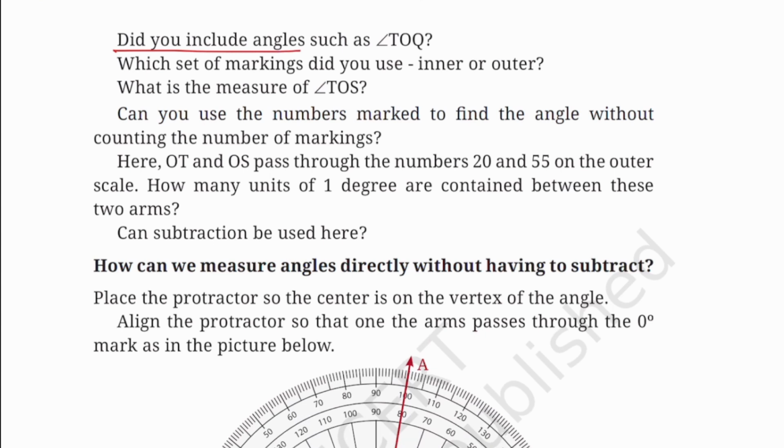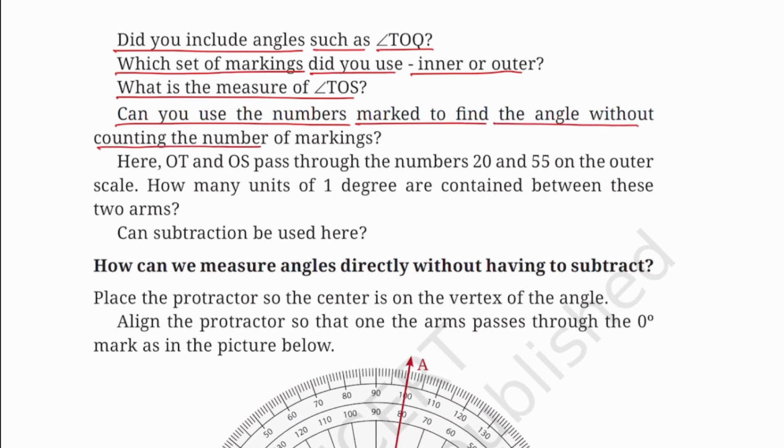Did you include angles such as angle TOQ? Which set of markings did you use, inner or outer? What is the measure of angle TOS? Can you use the numbers marked to find the angle without counting the number of markings?